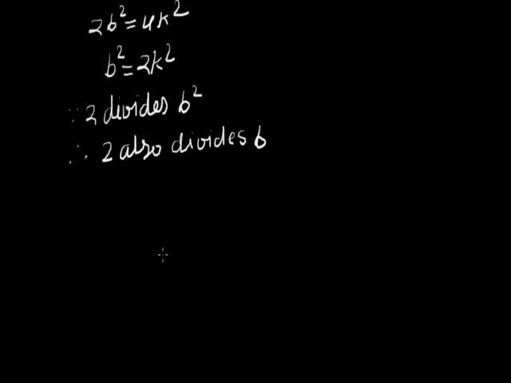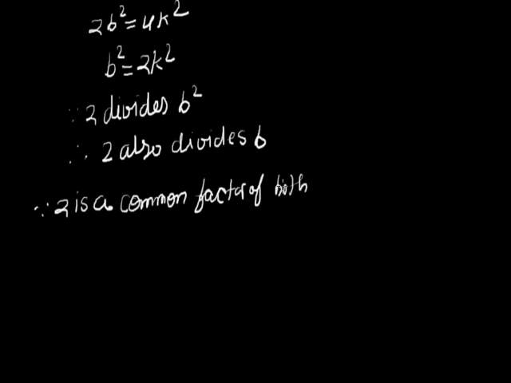But in our question, we have assumed that a and b are co-prime numbers. So 2 is a common factor of both a and b. That means the HCF of these two numbers is not equal to 1.